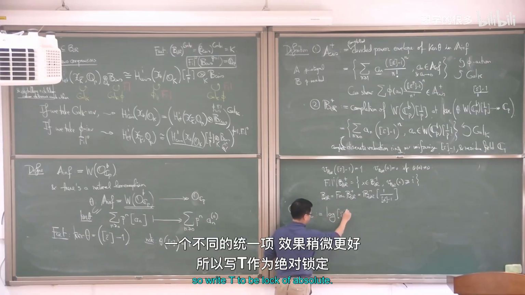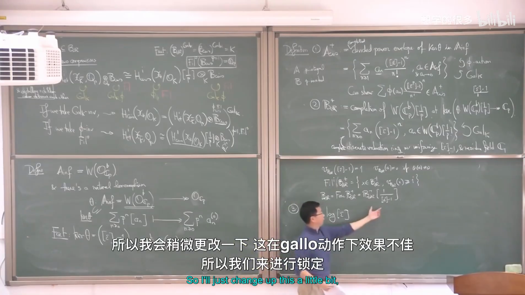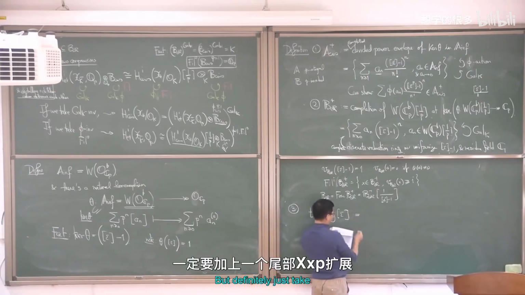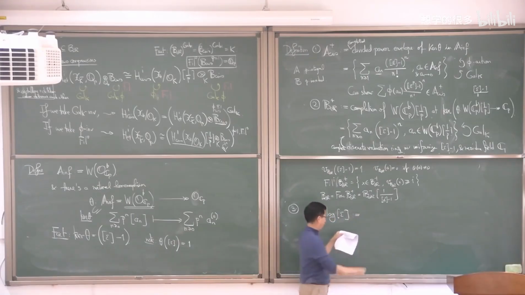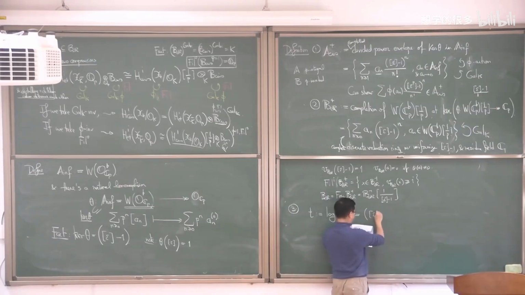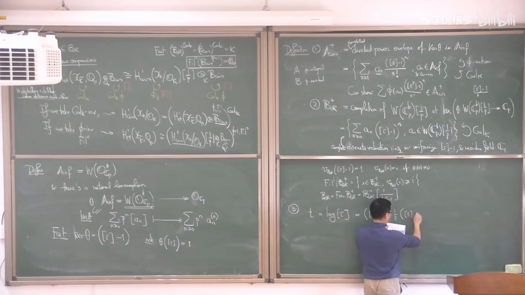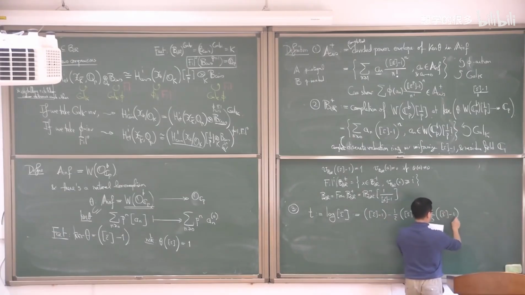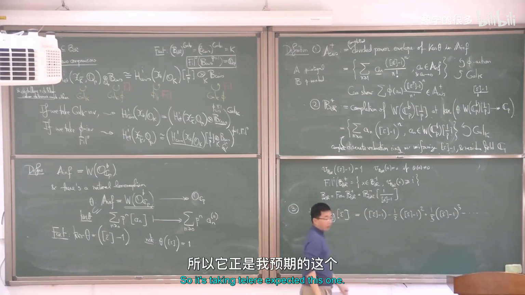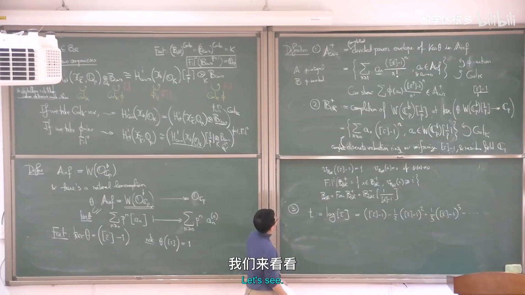So let t be log of epsilon. So I'm going to change epsilon a little bit, since this is not working very nicely under Galois action. So let's do log. By definition, just taking the Taylor expansion of this, in epsilon minus 1.